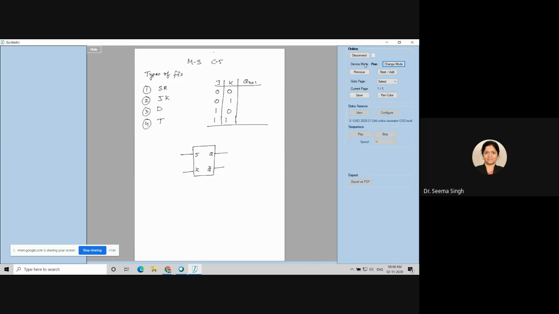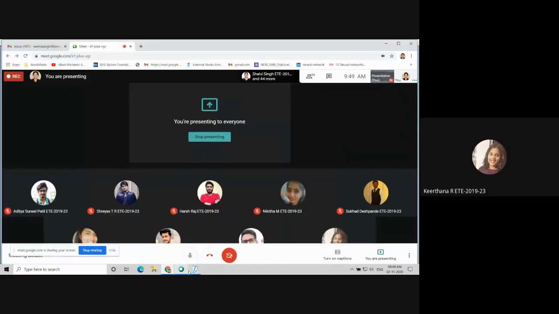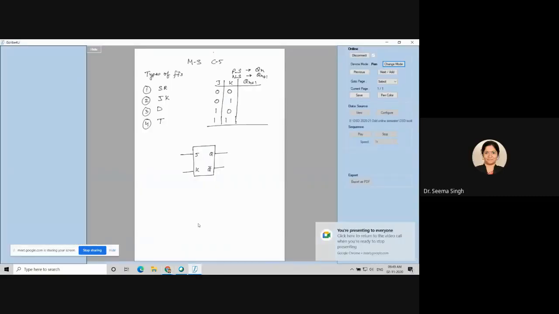And if J and K are 1, 1, then what is Qn plus 1? Qn plus 1 is the next state, and the present state you can call Qn. So tell me now. Yes? Qn. If J and K are 0 and 0, Qn plus 1 will be equal to Qn.